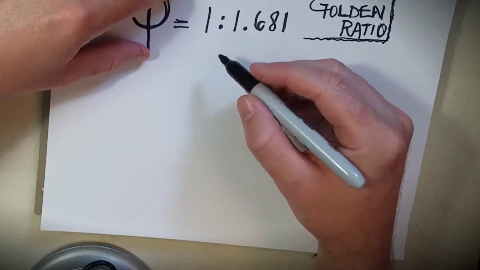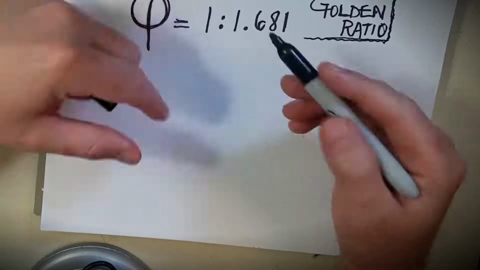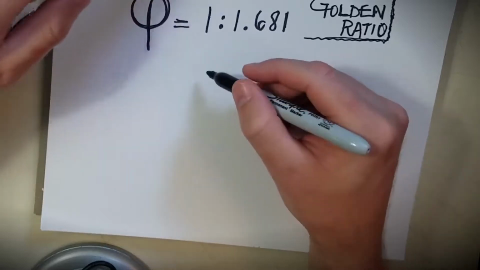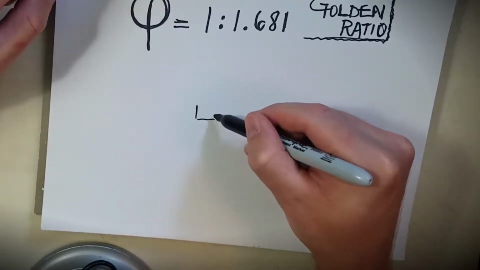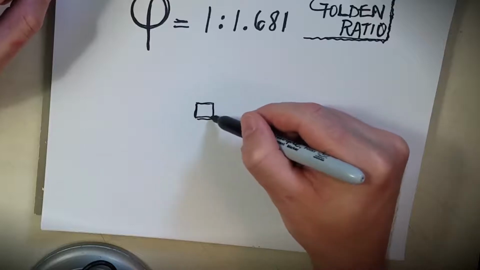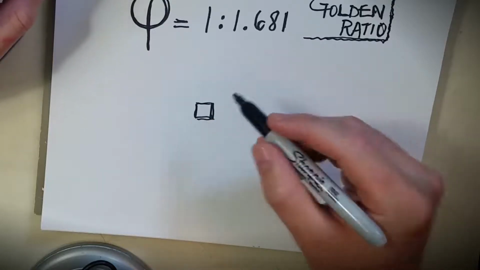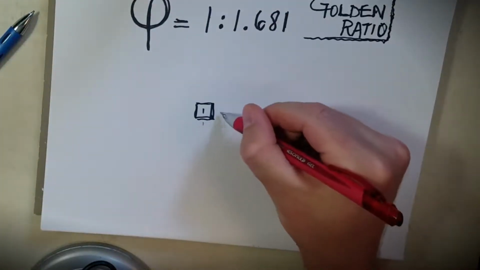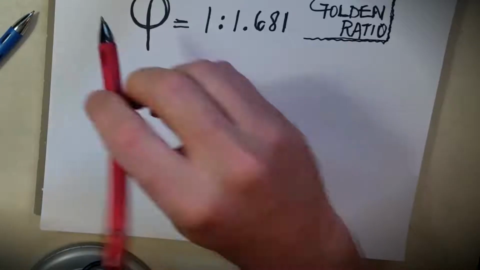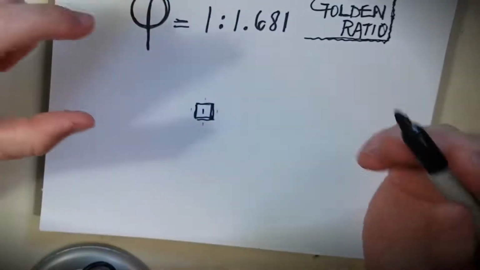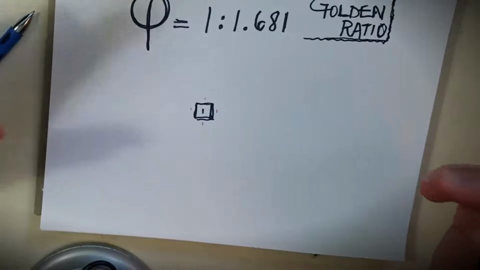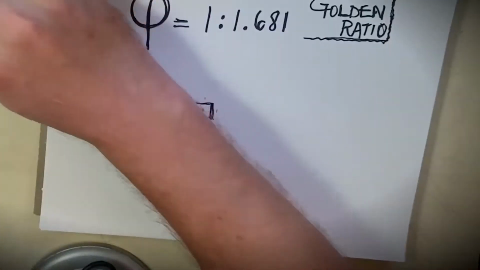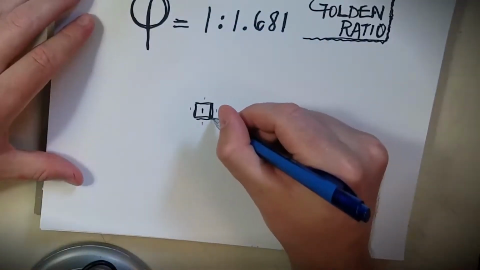characteristic pattern, this ratio, this recursive sequence. If you take the golden ratio diagram, so we start with our unit. And then we use that to extrapolate all our other units. And if we continue this pattern, let's continue it with blue.